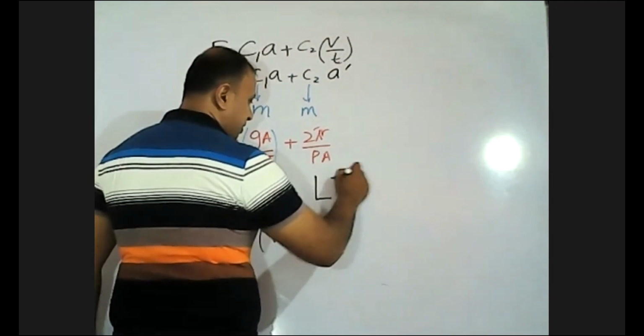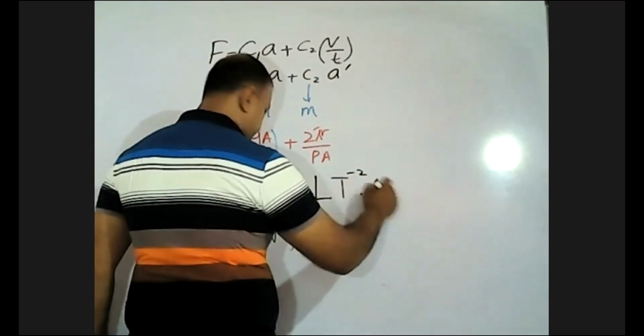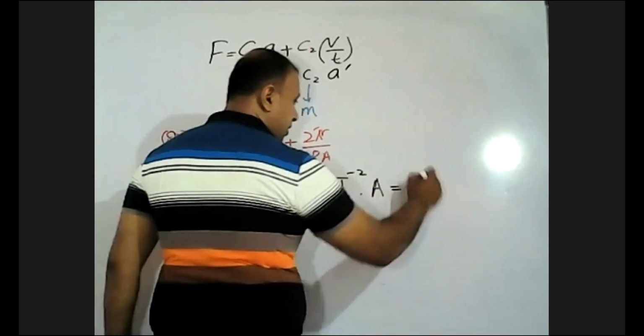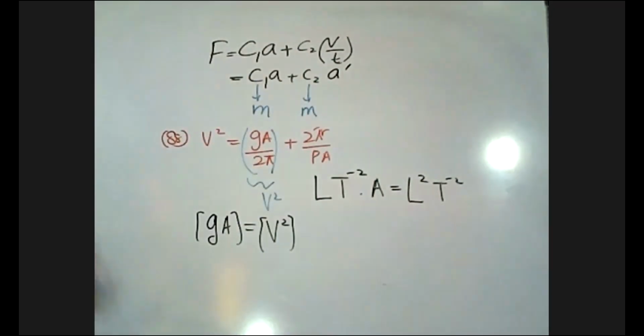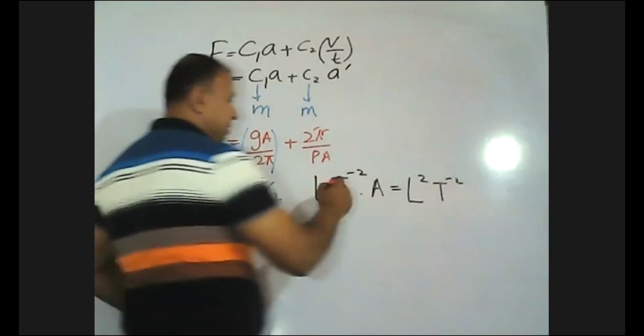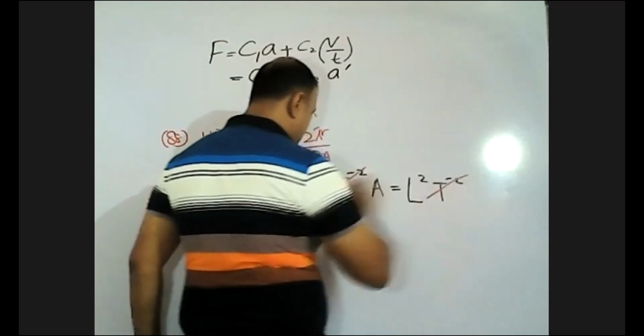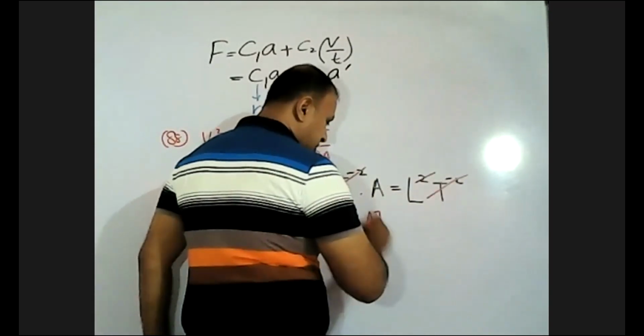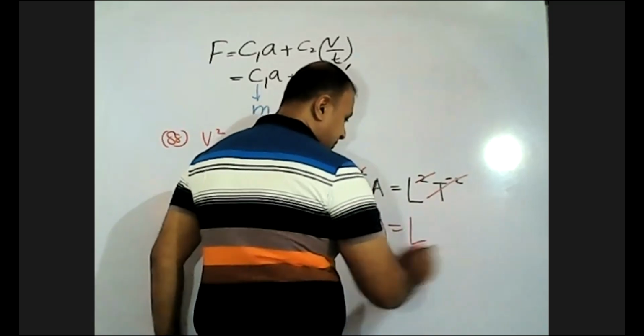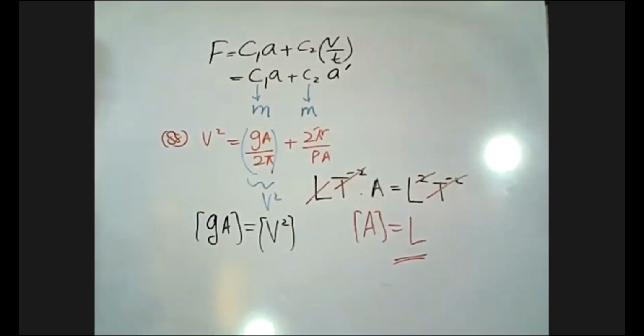L T minus 2 into A should be equal to L square T minus 2. So T minus 2 and T minus 2 will be cancelled out. L to 1 L will be cancelled out. So the dimension of A is equal.